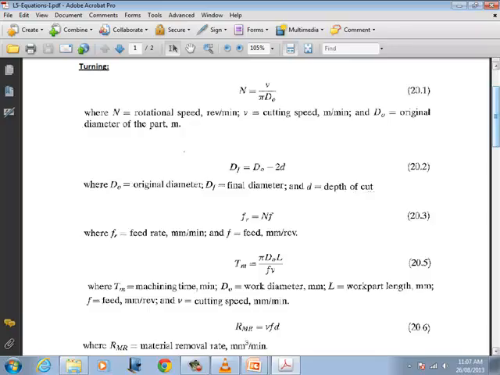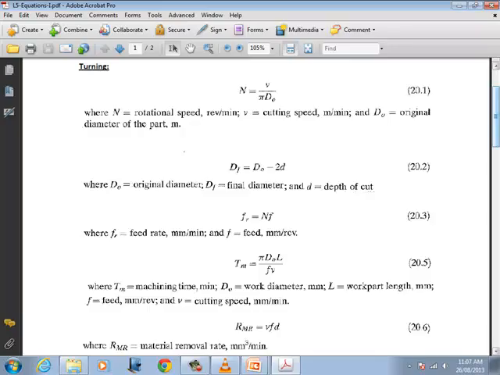This is the same equation as in the slide. And here we've got the difference between the initial and final diameter, which is of course 2 times the depth of cut.